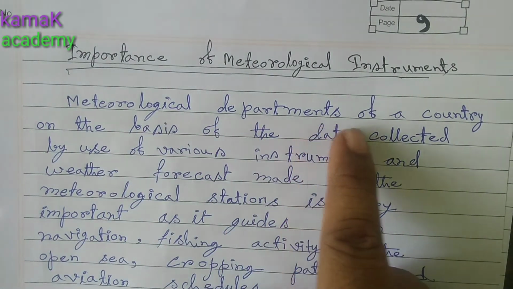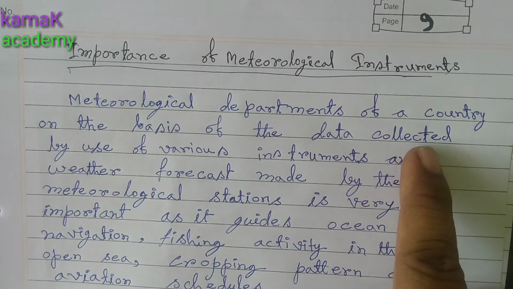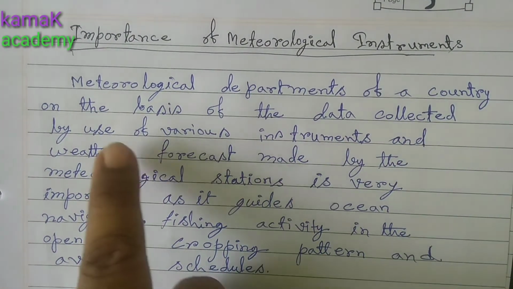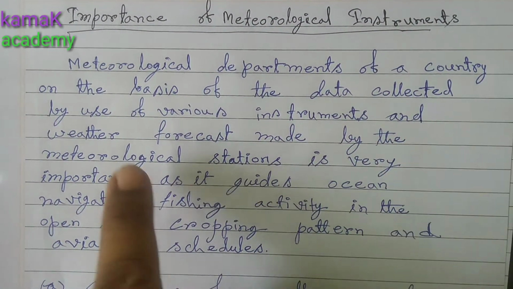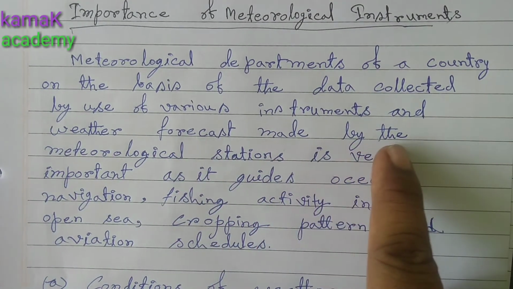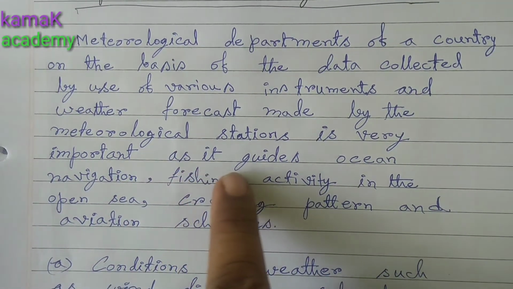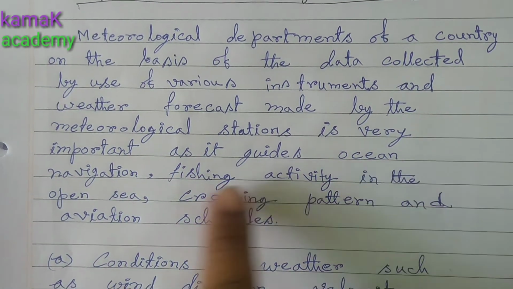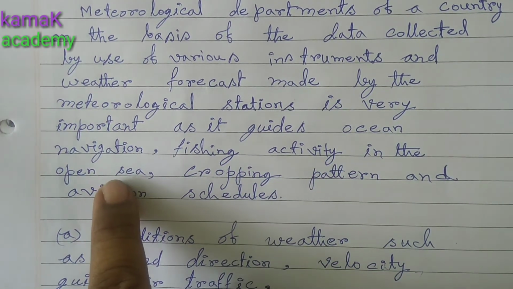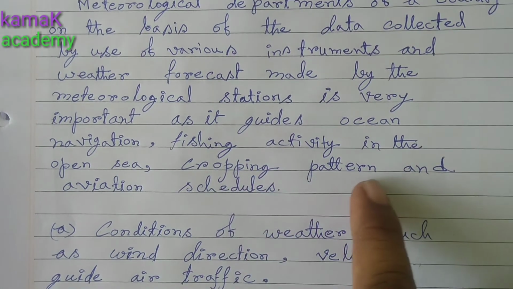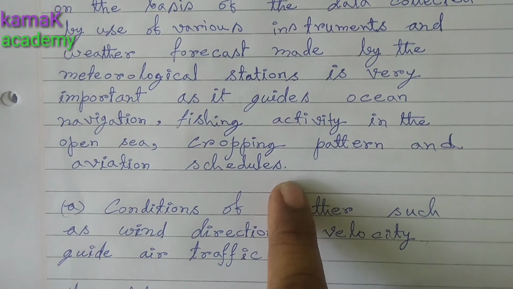Meteorological departments of a country, on the basis of the data collected by use of various instruments and weather forecasts made by the meteorological stations, is very important as it guides ocean navigation, fishing activity in the open sea, cropping pattern and aviation schedules. Full stop. Come to the next para.